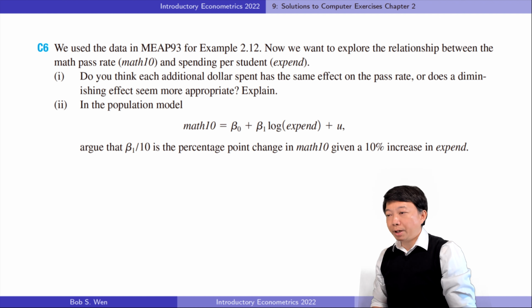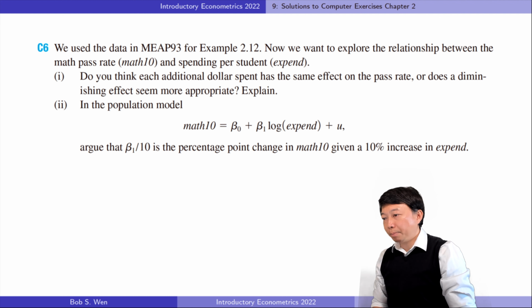Let's go to computer exercise 6. For the first question, a diminishing marginal effect seems more appropriate than a constant marginal effect. For the second question, the explanatory variable is in the log term and the outcome variable is in the level term. Beta 1 is the change in the outcome variable as the explanatory variable changes by 100%.